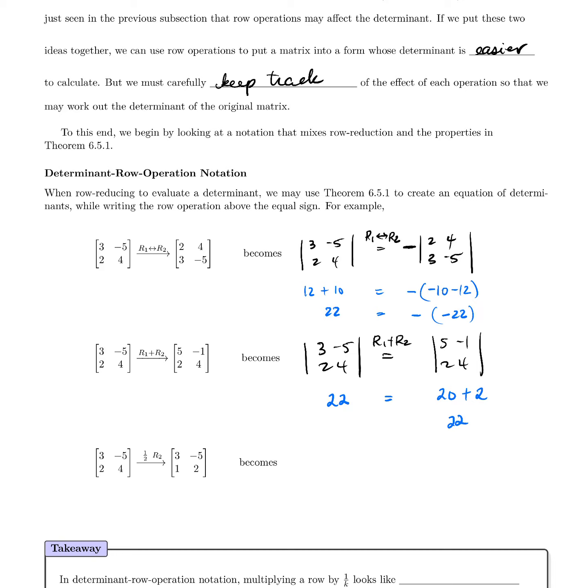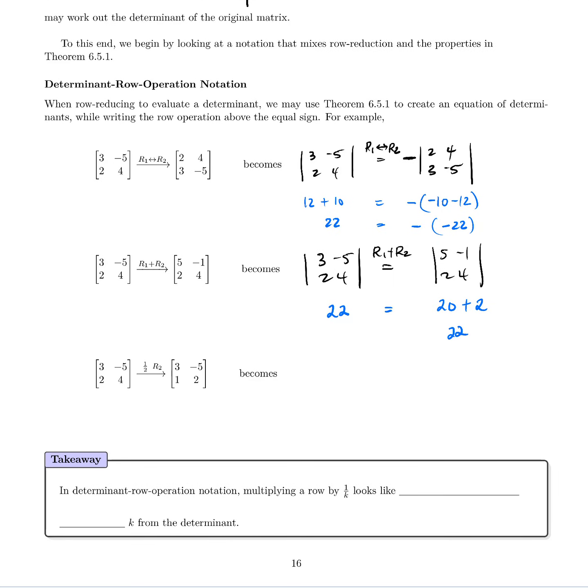Last operation, if we multiply a row by a constant k, we'd seen that that affects the determinant as well. And so let's translate that into the new notation. So 3, minus 5, 2, 4 as a determinant equals, row operation above 1/2 row 2, and then 3, minus 5, 1, 2, when that second row has been multiplied by 1/2.